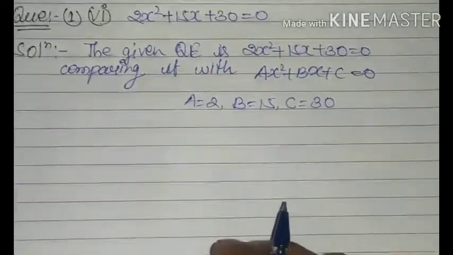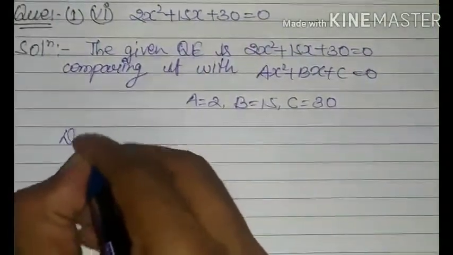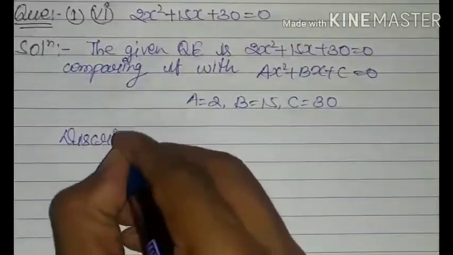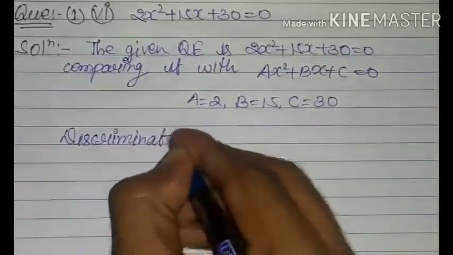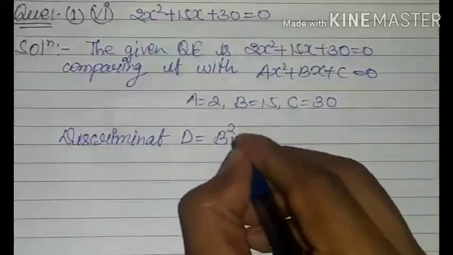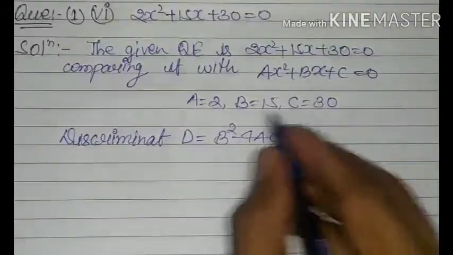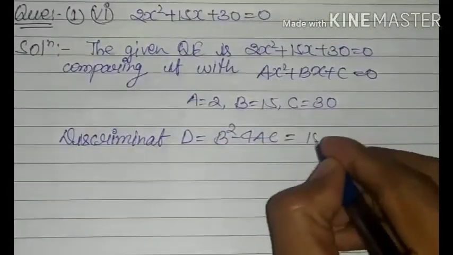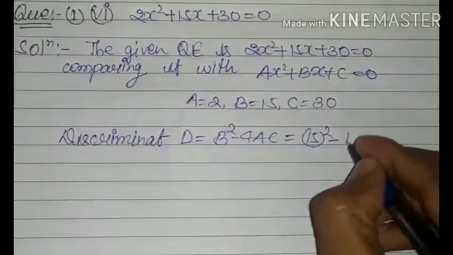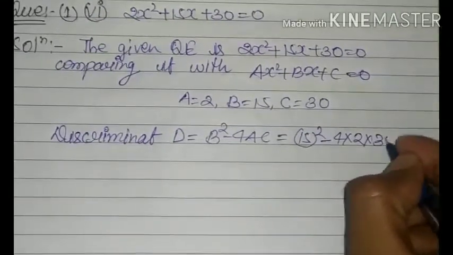And as we know, the formula of discriminant, denoted by D, is equals to b square minus 4ac. Going to put all the values of a, b and c. Then here will be 15 square minus 4 into the value of a is 2 and the value of c is 30.